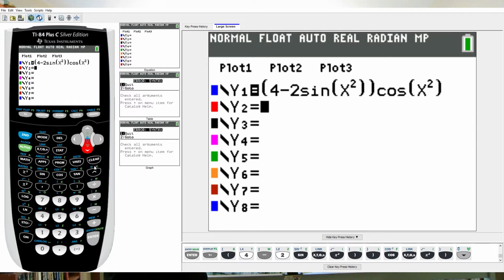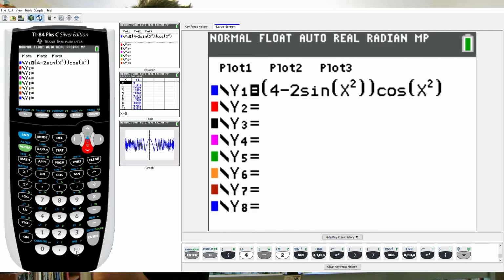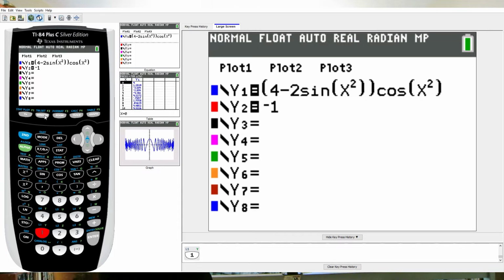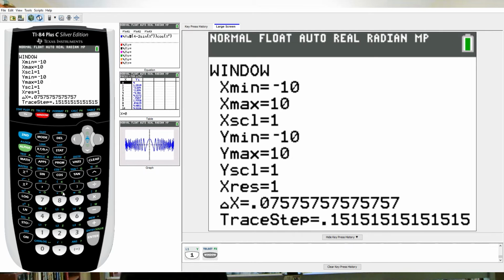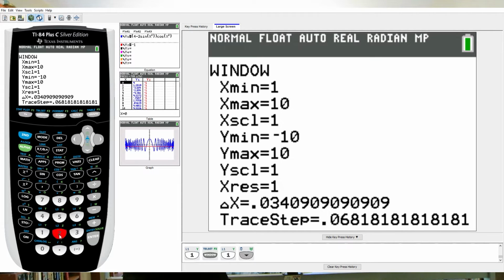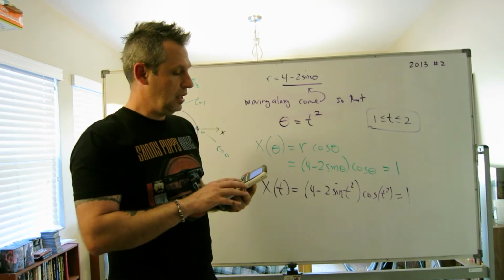That's going to be y1. y2 is going to be the value -1. Now before I hit go, I'm going to go to my window and realize that the role of x is being played by t here, and we are only interested in t going from 1 to 2. So my x min I'm going to make 1 and my x max I'm going to make 2.